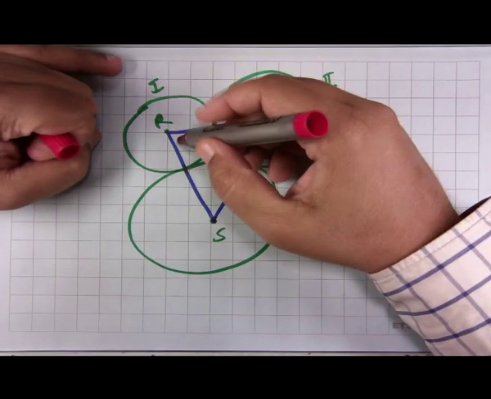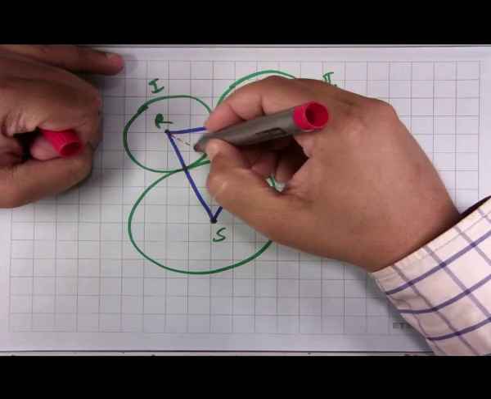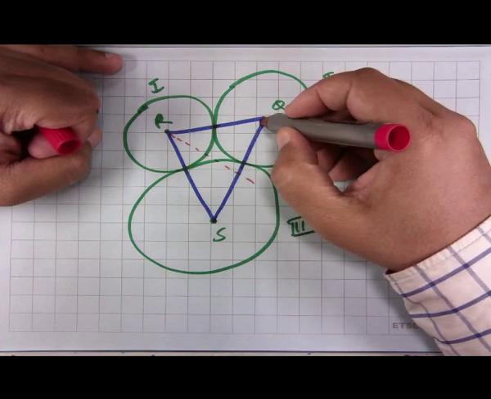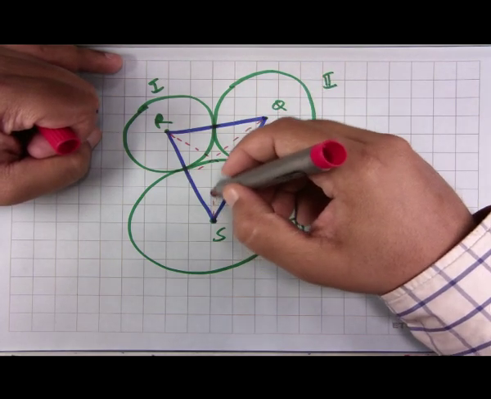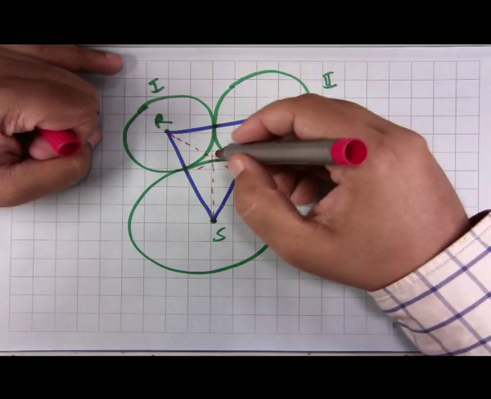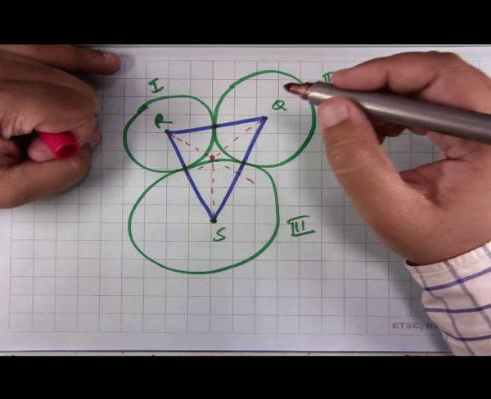Let us now draw the angular bisectors of all the three angles of this triangle. We know that the three angular bisectors meet at a common point.